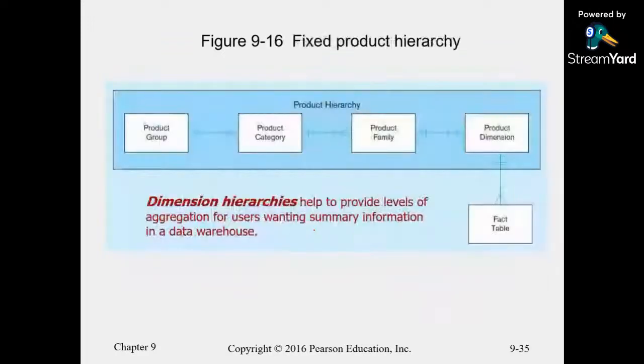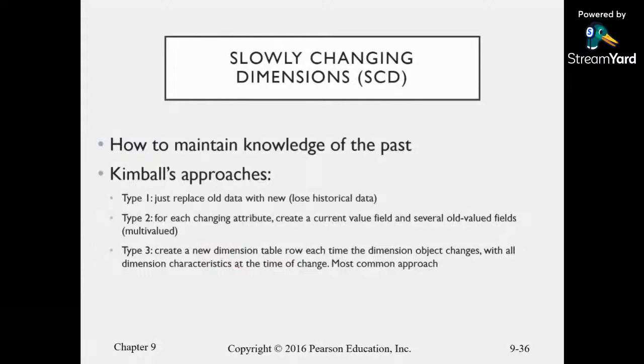So let's look at slowly changing dimensions. How much knowledge of the past do we keep? That is something we can look at. Kimball's approach: type 1 is to just replace old data with new, which means a loss of historical data. Type 2, for each changing attribute, create a current value field and several old value fields.